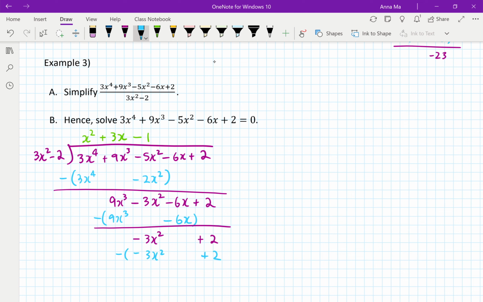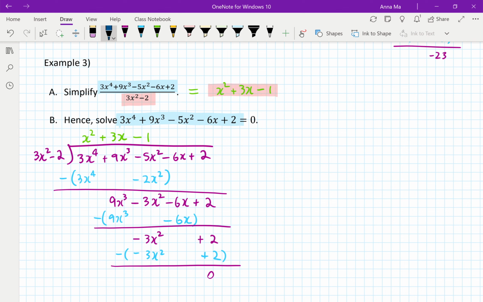Now that matches perfectly, so that's going to give me remainder 0. So the division is going to give me x squared plus 3x minus 1. Now if the question says hence solve that, because it leaves no remainder, I can say that this polynomial on the left hand side should be equal to this divisor times the quotient.